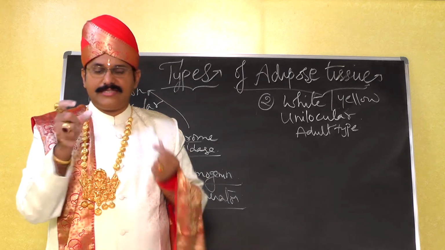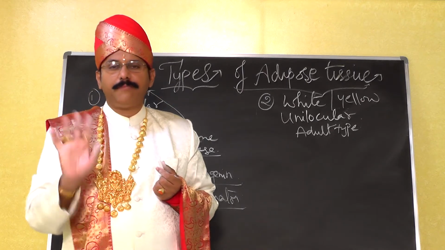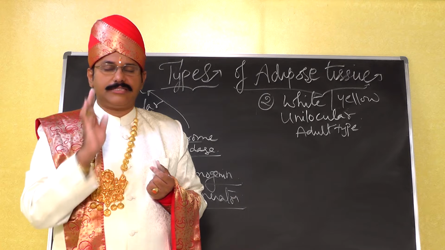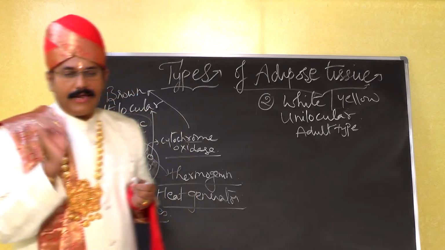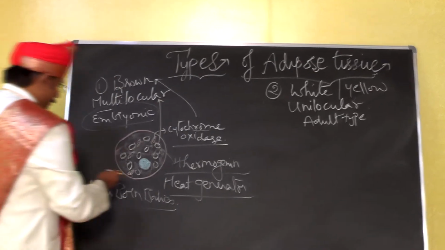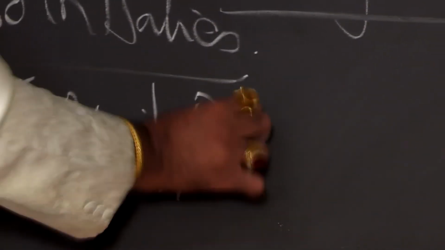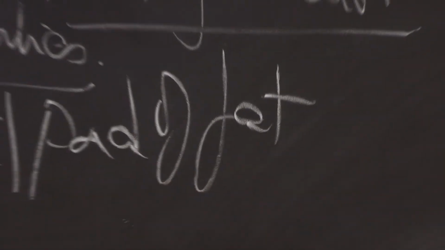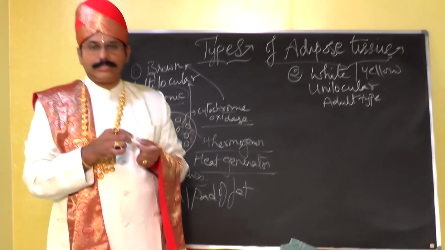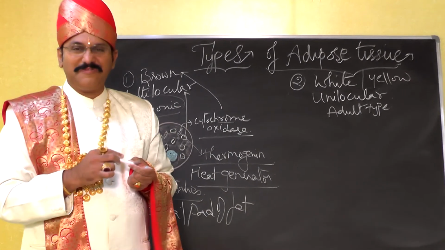But when you touch the cheeks of the child, you find they are a little firm. This is because of the suctorial pad of fat, which enables the baby to suckle the mother's milk. It is a brown fat.